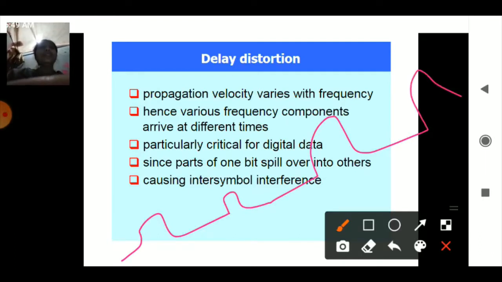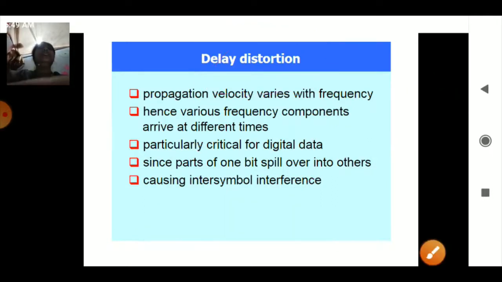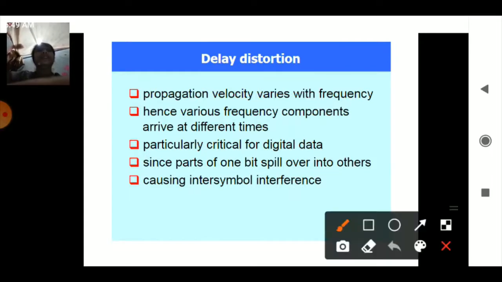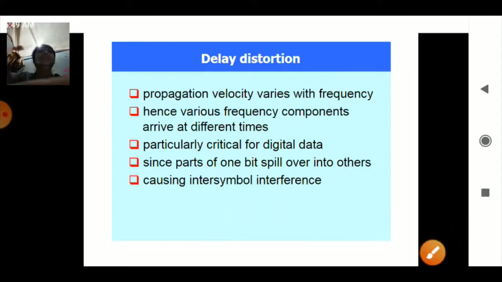So it is necessary to avoid delay distortion through various devices, amplifiers or repeaters, causing interference. And delay distortion means that each and every time I receive the data at the other end, it is delayed. Your data is received at a late phase. So it is also an impairment in the transmission.